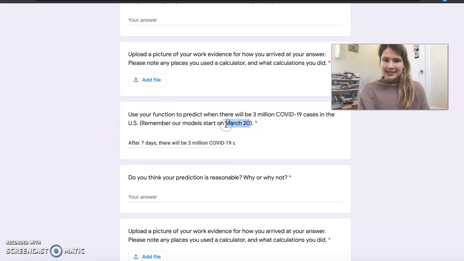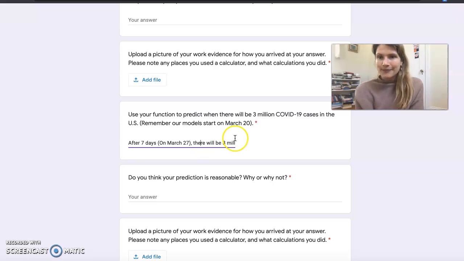So 7 days after March 20th would be March 27th. So maybe I can include that in my answer. So after 7 days, which would be on March 27th, because there's 7 days between March 20th and March 27th, there will be 3 million COVID-19 cases.